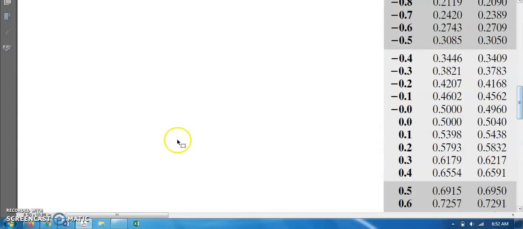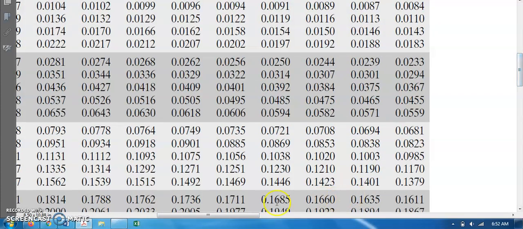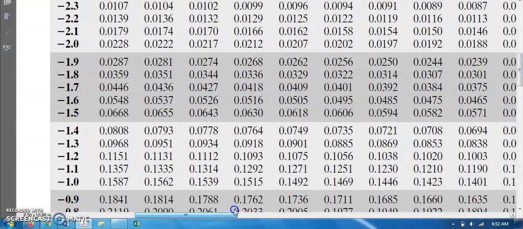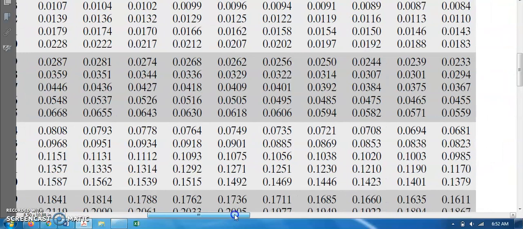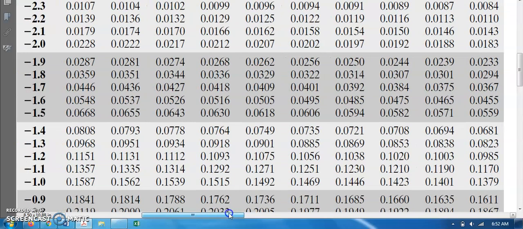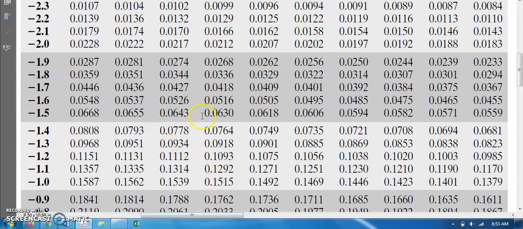0.04 is up here. The closest value would be right here.